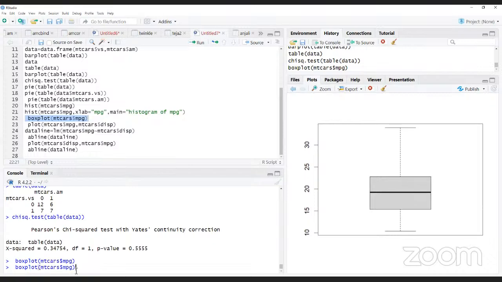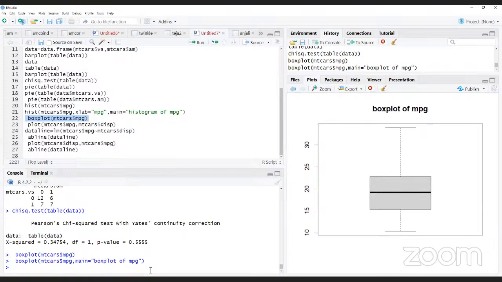The title will be there. So after MPG, main equal to within double inverted comma, boxplot of MPG. Yes.